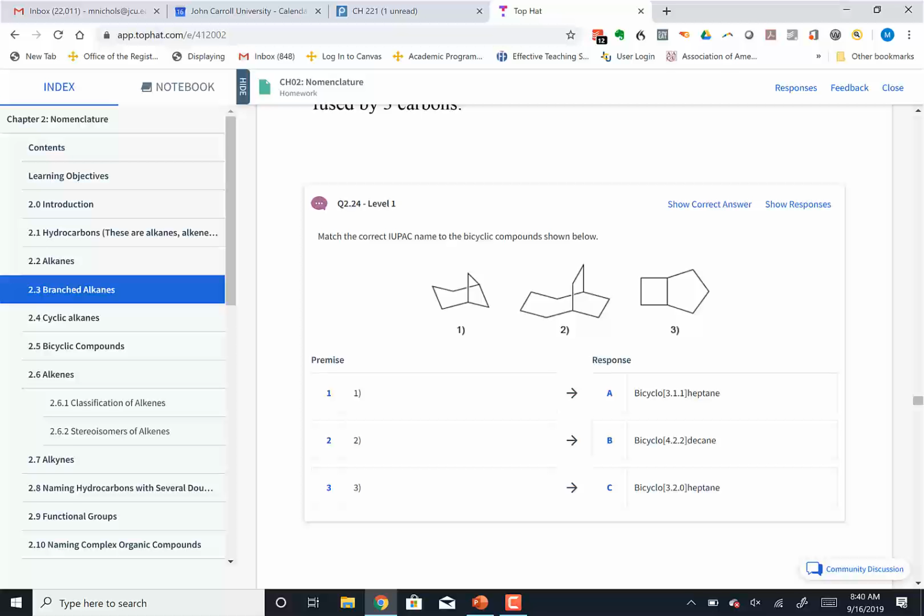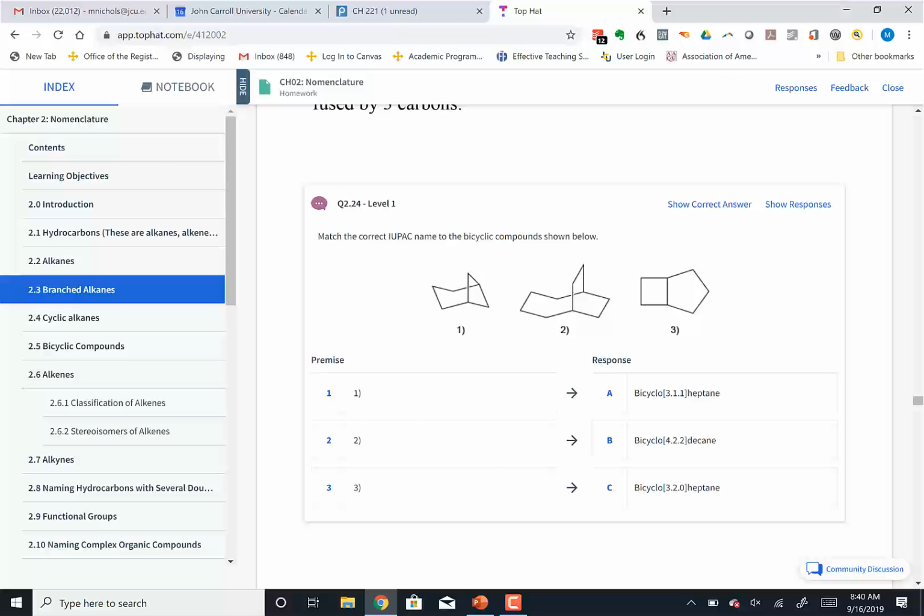First one, you're going to count the total number of carbons. So this one, you're going to count up the total number of carbons. Here's a bridgehead. So this is going to be a 3.1.1 bicyclo, whatever the total number of carbons is.